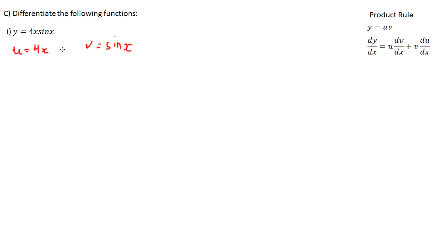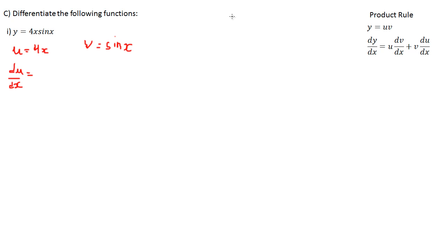So we've got u equals 4x and v equals sine x. Now we've got to differentiate one by one, so du/dx will be, let's differentiate first.